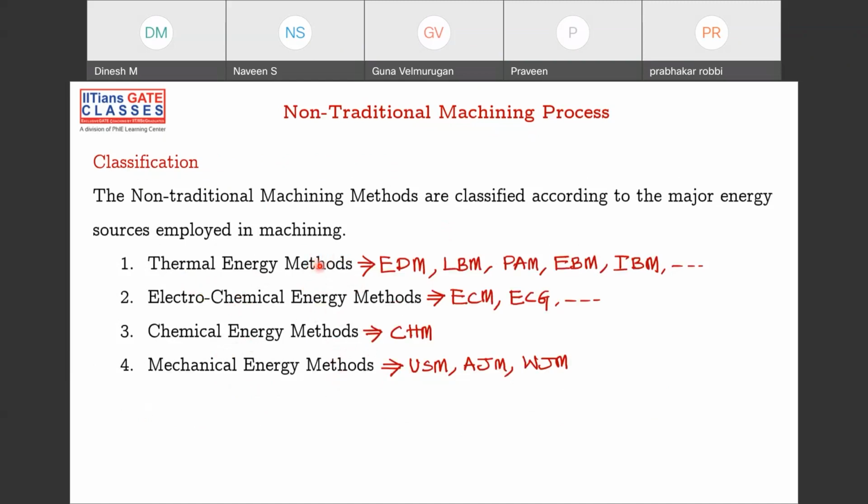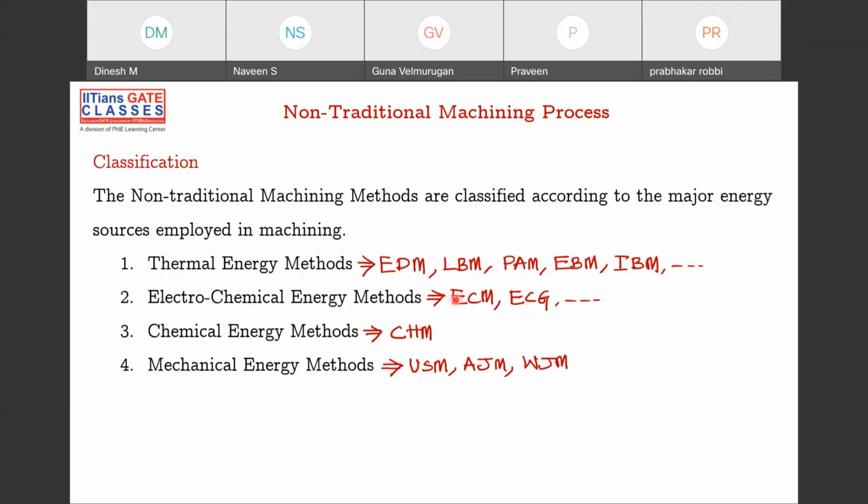In that, we are going to discuss electric discharge machining, which comes under thermal energy methods, along with laser beam machining, plasma arc machining, electron beam machining, ion beam machining. All these come under thermal energy methods, where you are using thermal energy as the primary source of energy to remove the material from the workpiece.